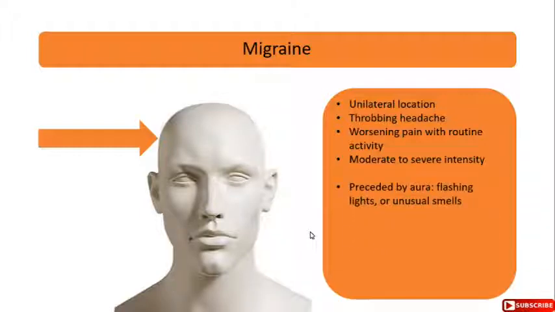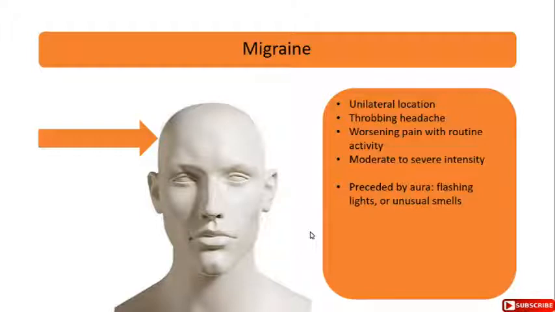So these first four I read are the main characteristics. You have to have at least two of these to make the diagnosis of migraine. And then some of these pains are preceded by an aura. That's like if you see some flashing lights or even smell unusual smells before having the pain.